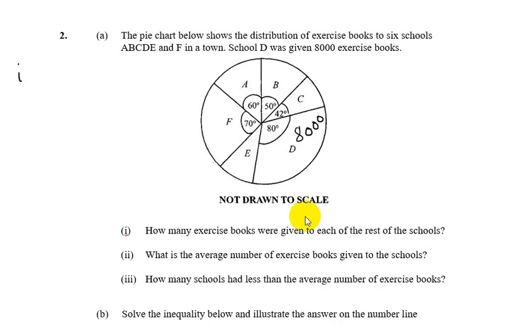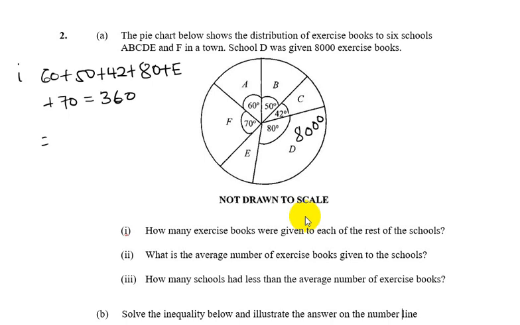Okay, so for E, we will add everything and equate to 360, then we get E. So from A, we get 60 plus 50 plus 42 plus 80 plus E plus 70 being equal to 360 because of the pie chart nature.